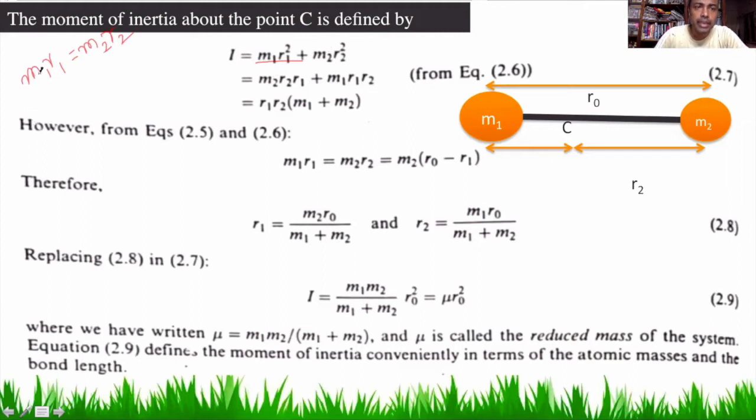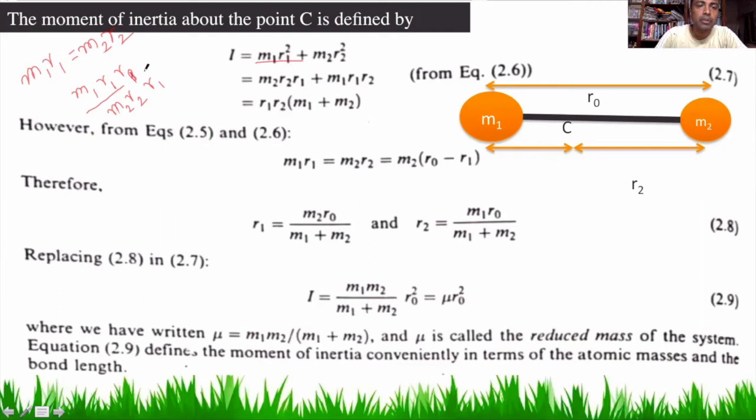As you know that m1 r1 is equal to m2 r2, I can write this equation as m1 r1 into r1.